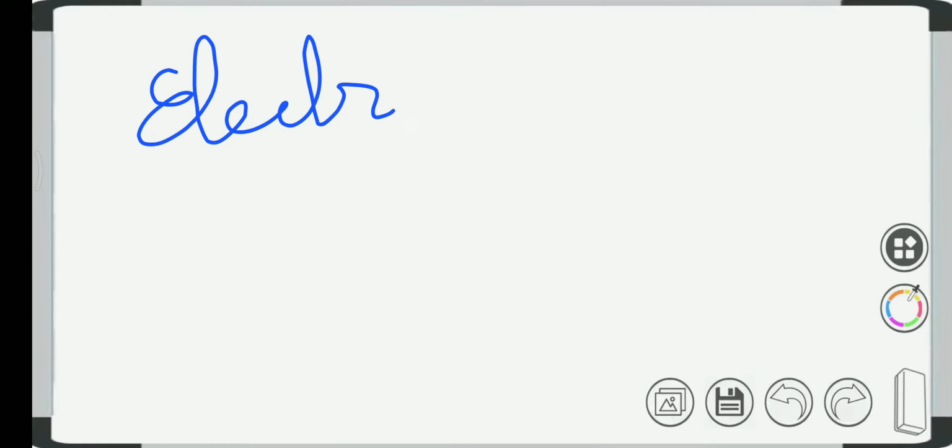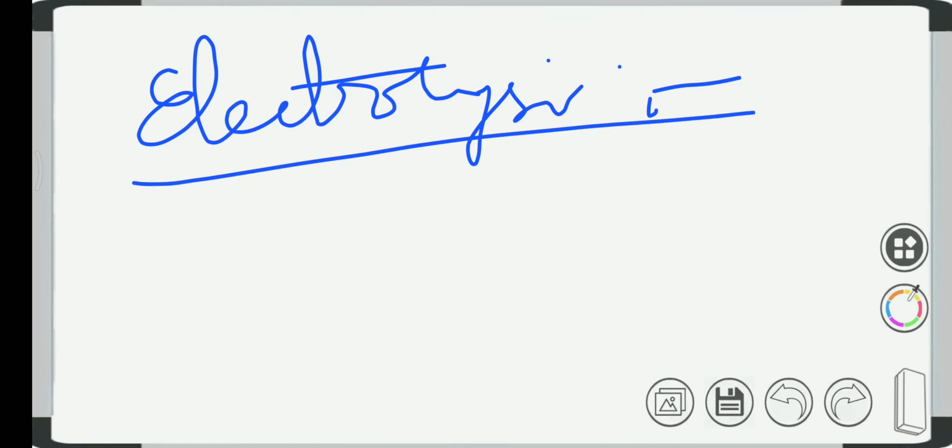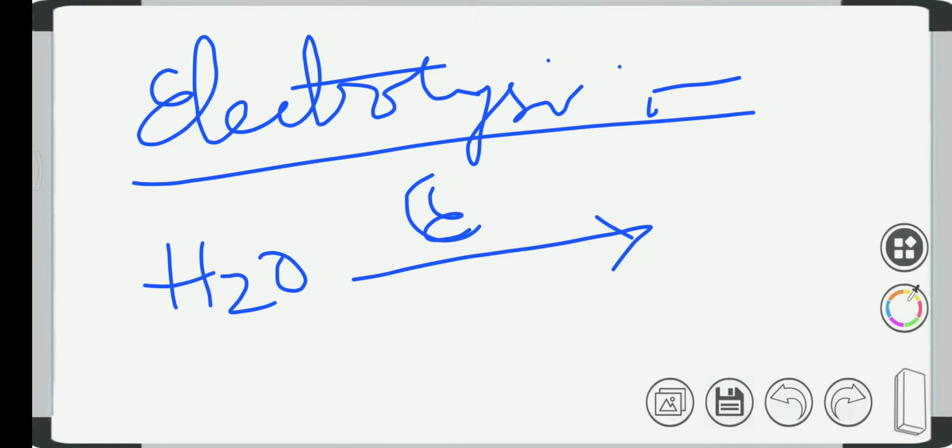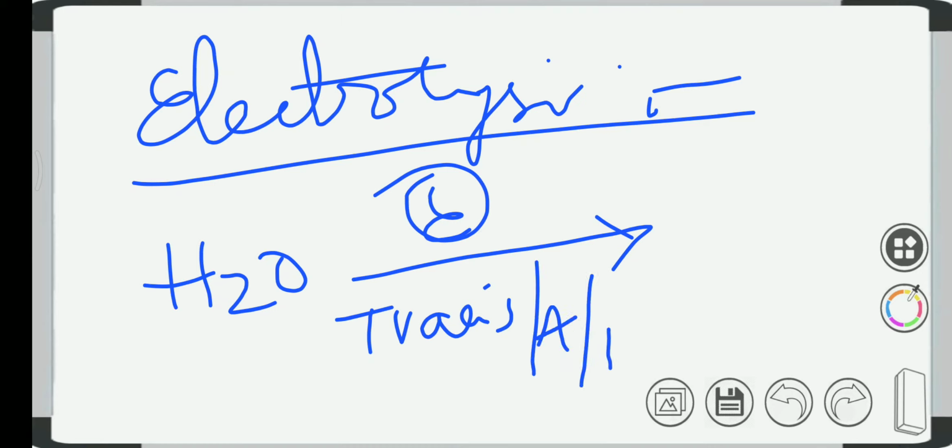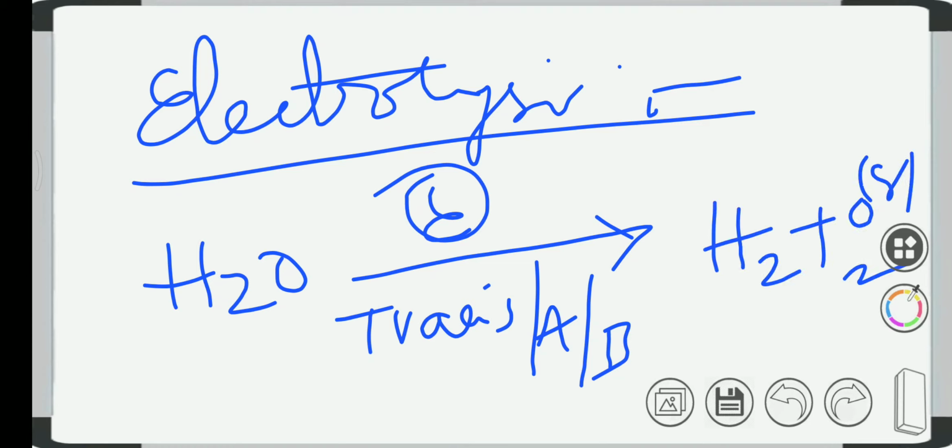Electrolysis means separating out the molecules. I take water and give it the electrolysis process with traces of acid or base to give H2 and O2 gas, both are gases.